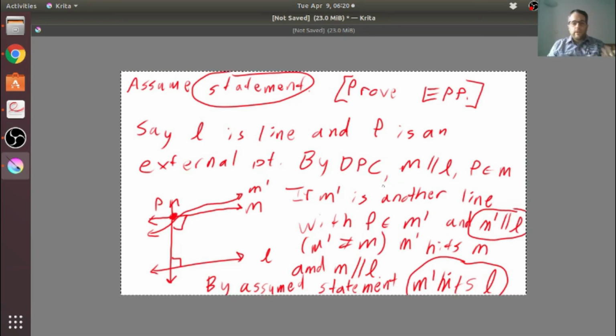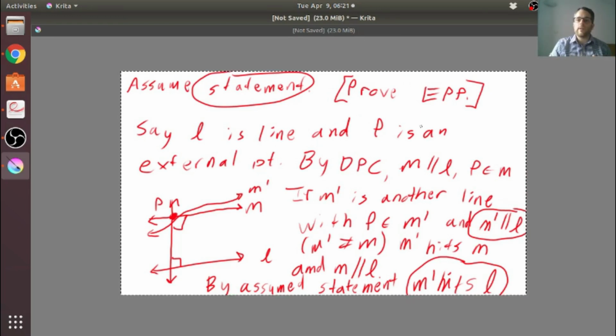Right? So some advice for solving these kinds of problems: what you do is essentially take it and split it up into two problems. One is, if the Euclidean parallel postulate is true, floating around there, prove some statement. And the other way is, if this statement is true, floating around in space somewhere, then prove the Euclidean parallel postulate.